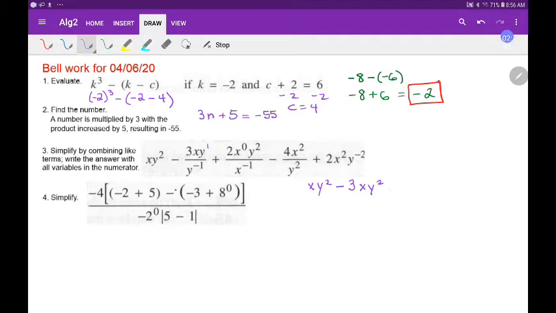So we say 1 minus a minus, so 1 plus 1. And then the next term is positive, and there's a 2. And we have 0, and we're subtracting a -1. If we subtract a -1, that's like adding 1. Don't usually write the 1 next to the x. Don't usually write it there. And then I have y squared. So far, all my terms are the same, xy squared.